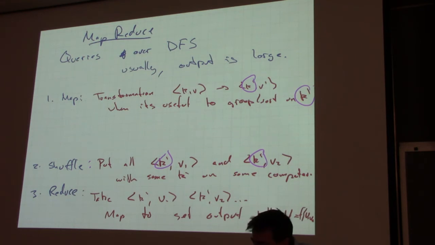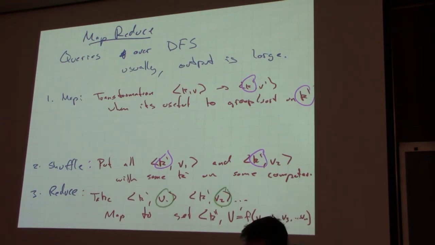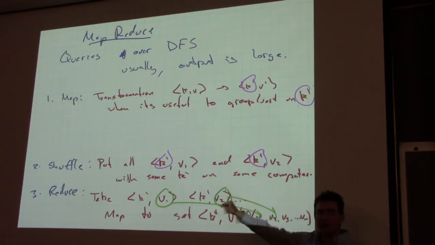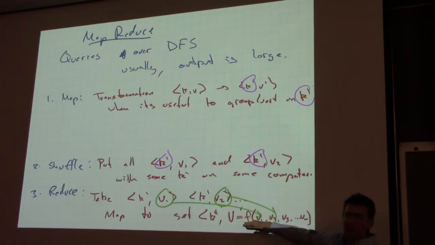Let me write this a bit more clearly. So that outputs some new key and some new value, which is going to be the output, typically from V1, V2, V3, Vn. All of these here are going into this function, right? So I'm going to take all the data that's been grouped by this key, and I'm going to compute something new here. This is whatever my output wants to be.